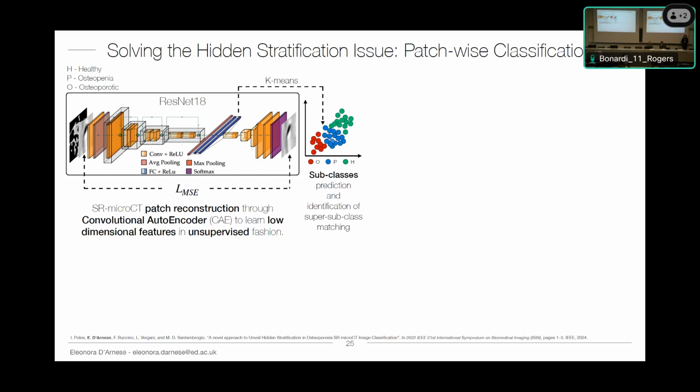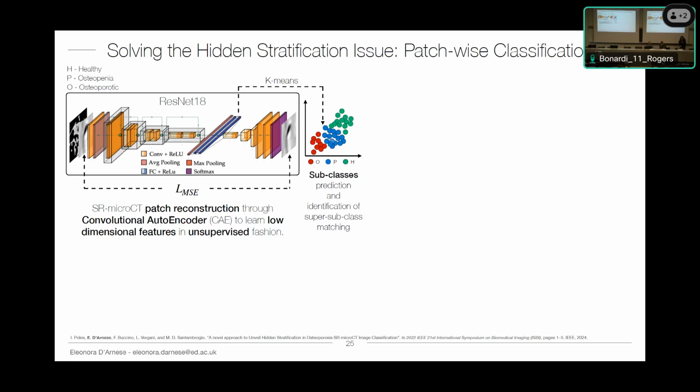So we were somewhat agnostic with respect to the information provided by the physician. We just said, okay, the network is good enough to embed something relevant to the images. Now let's see if we can divide in a nice manner what was healthy from what was osteoporotic and osteopenic. At this stage, we have no information about the labels, it's just clustering.